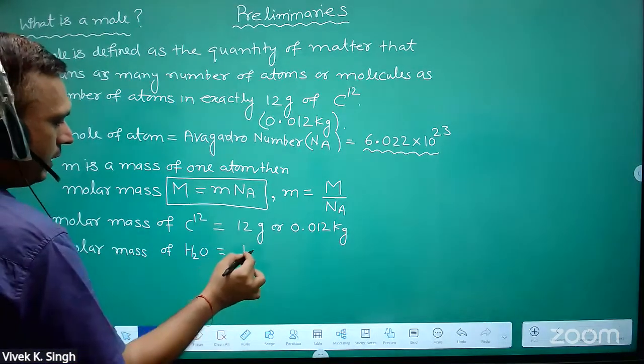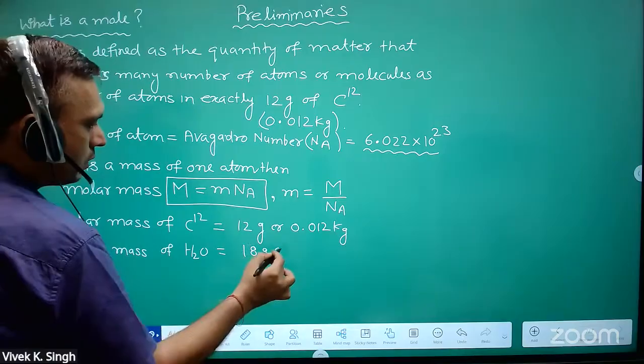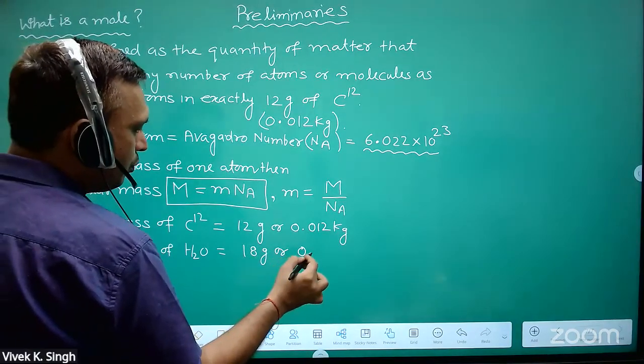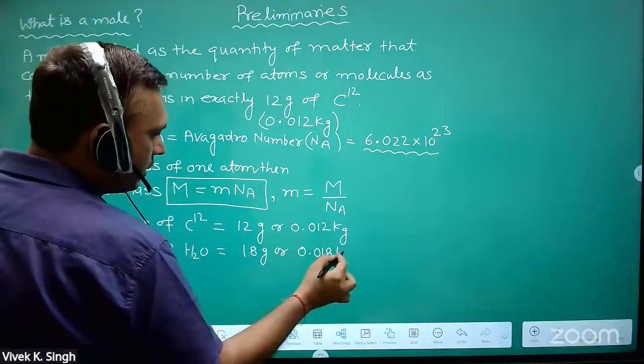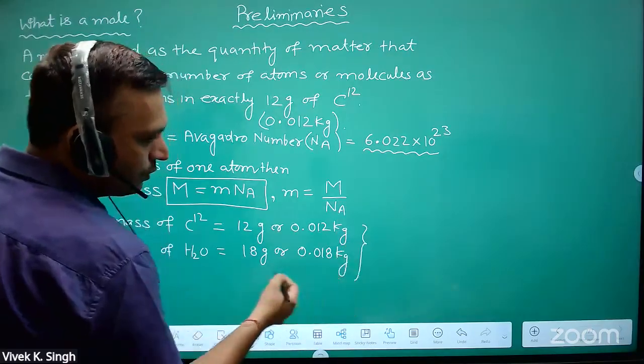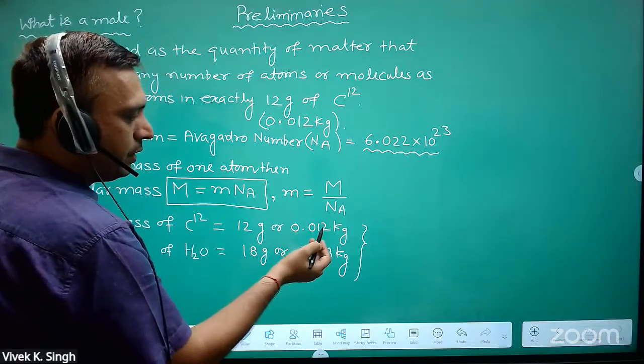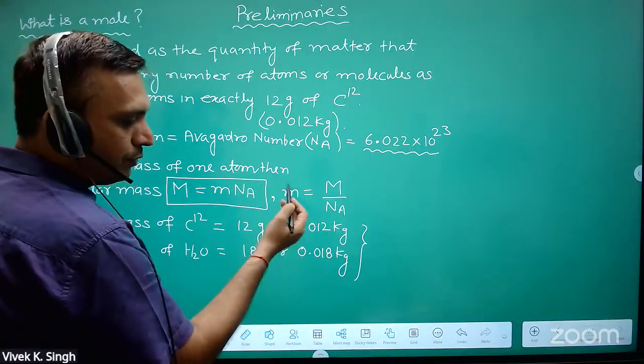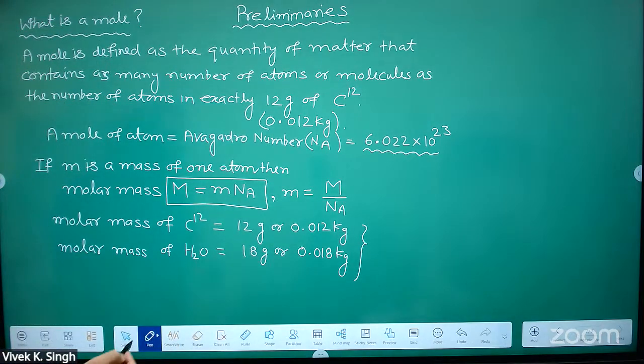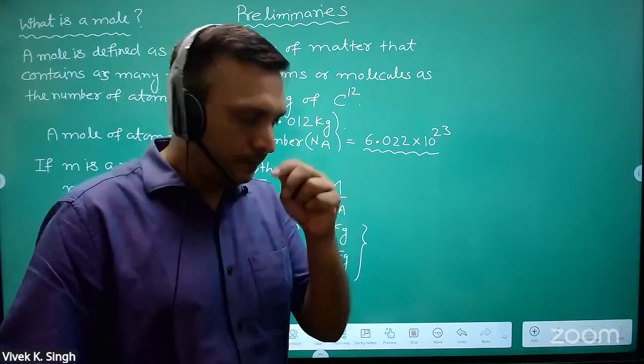This will be 18 gram or 0.018 kg. So you know the molar mass, and if you divide it by the Avogadro number, you will get the mass of one particular atom or molecule, whether it is H2O or carbon. Is it clear? Yes, sir. So you know about mole.